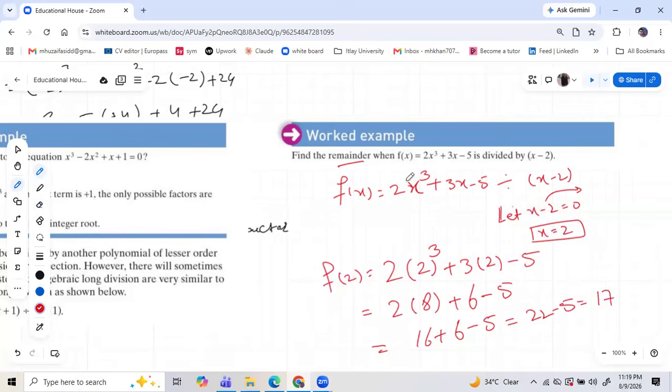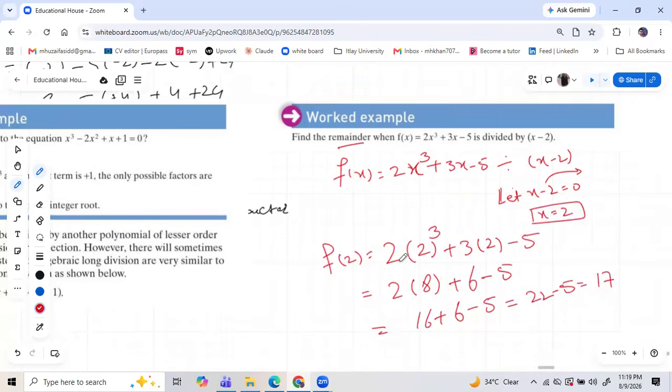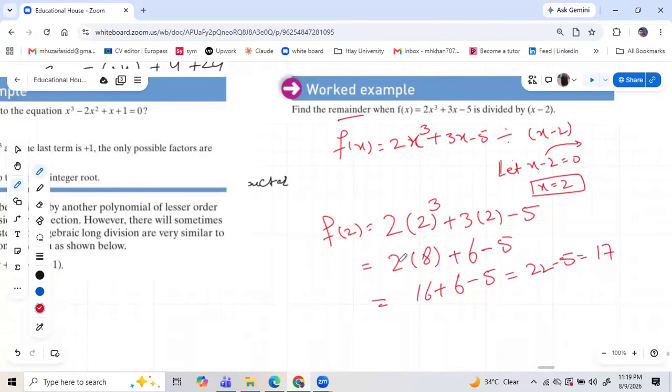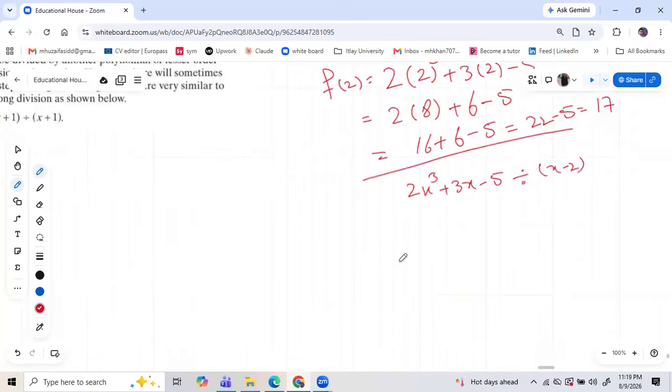Find the remainder. We can put it in this way, but if we are using the previous method, suppose that I'm just writing 2x cube plus 3x minus 5 divided by x minus 2. Look at it here. I'm just writing it in mathematical format. So here we are using the remainder theorem.